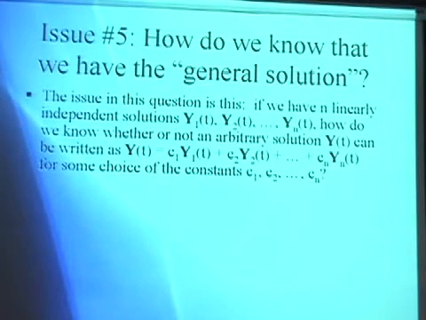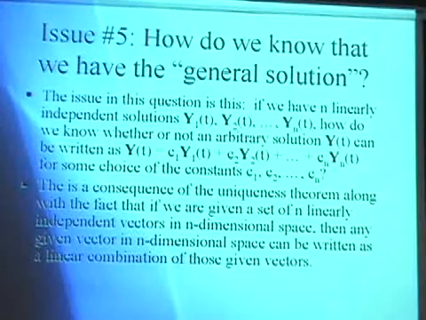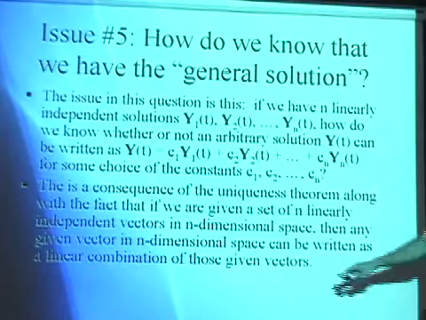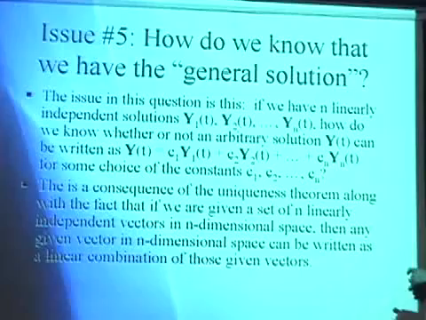I'm not going to go through the details of how we know this, but I will say this. It's a consequence of the uniqueness theorem, for one thing, along with the fact that if we are given a set of n linearly independent vectors in n-dimensional space, then any given vector in n-dimensional space can be written as a linear combination of those vectors.